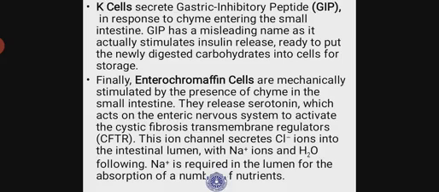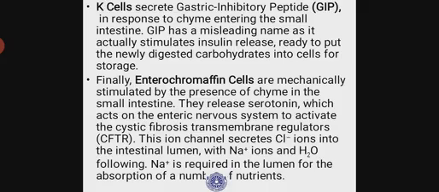K cells. These are the ones which secrete gastric inhibitory peptide, popularly abbreviated as GIP, in response to chyme entering the small intestine. And this GIP has a misleading name as it actually stimulates insulin release, ready to put the newly digested carbohydrates into cells for storage.